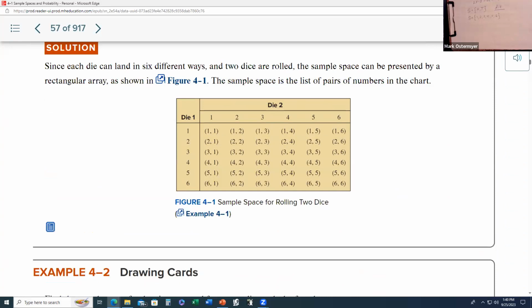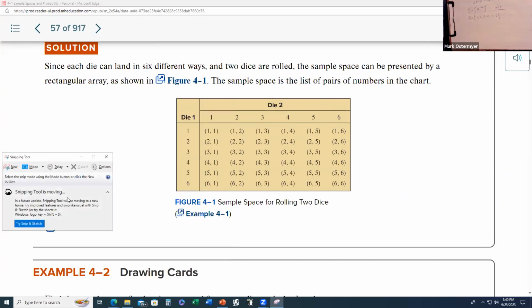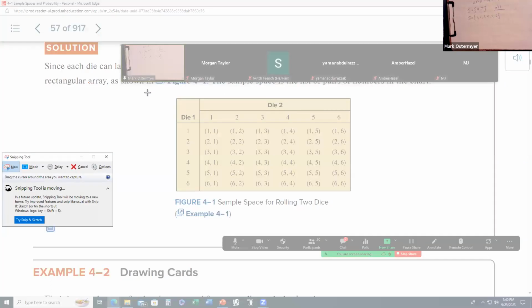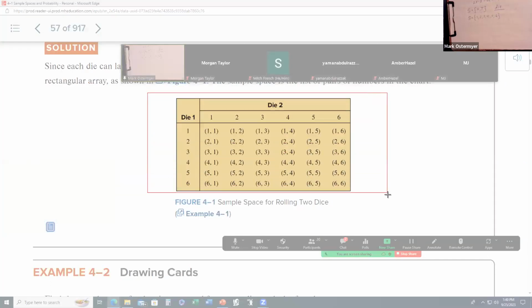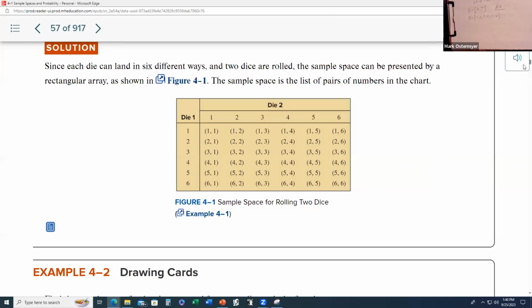Hold on, get my snipping tool. Minimize this. Let's go back to the problem now.